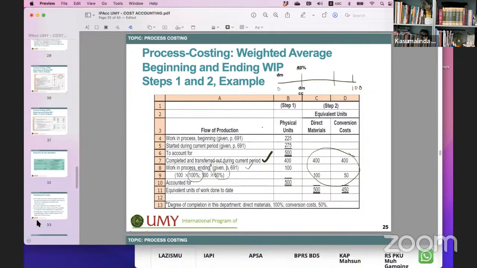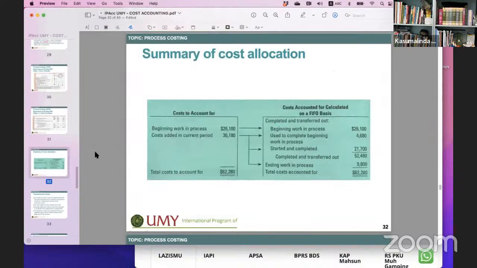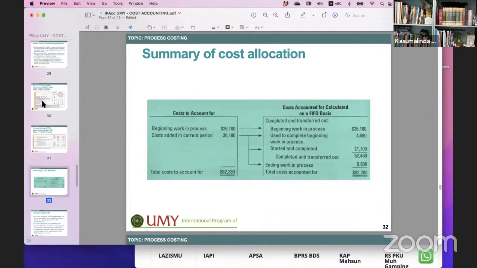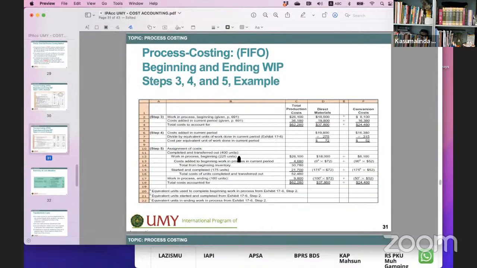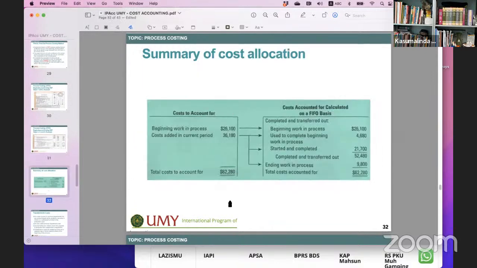Okay, now we already finished that. So this is the summary of cost allocation for the weighted average method that we have prepared here. As you can see, the left side is cost to account for. We relate back with the table that we have prepared before, and the right side here is the total cost accounted for, and the total should be the same because they are from the same cost actually.